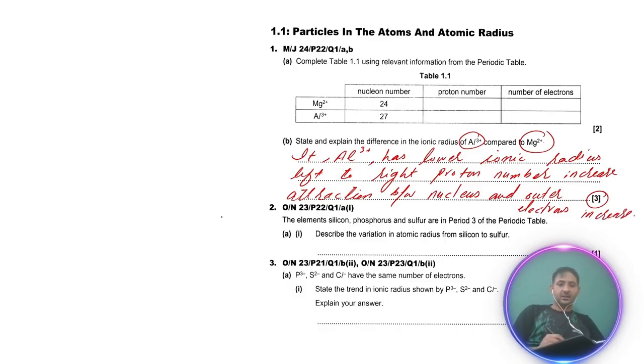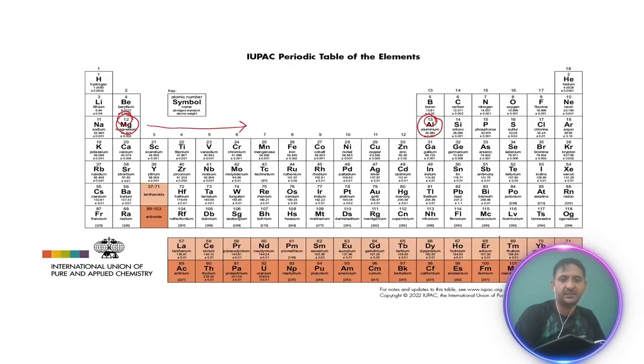Understand? Next, the elements silicon, phosphorus, and sulfur are in period number 3 of the periodic table. Describe the variation in atomic radius from silicon to sulfur. You can check this here. We have period number 1, period number 2, and period number 3. Here we have aluminum, silicon, phosphorus, and sulfur from the same period number 3.